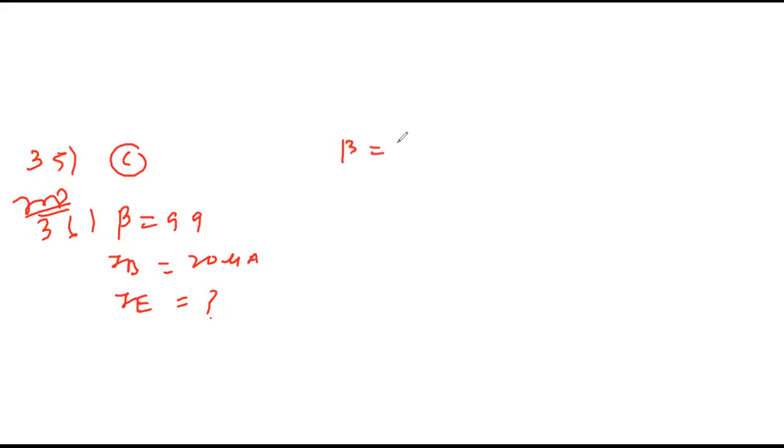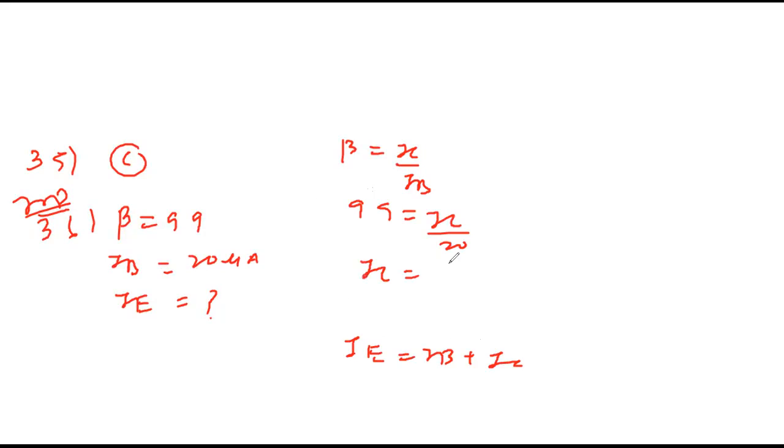So I know beta is IC upon IB. Once I get IC and IB, then IE is IB plus IC. Beta is 99 equals IC upon 20. So IC is 1980 microampere. IE will be 20 plus 1980 microampere, that is nothing but 2000 microampere. Clear?